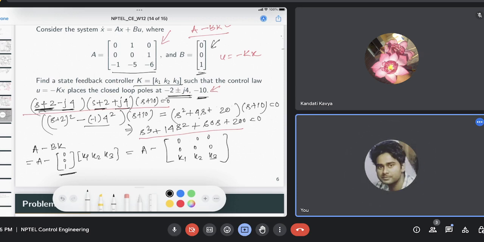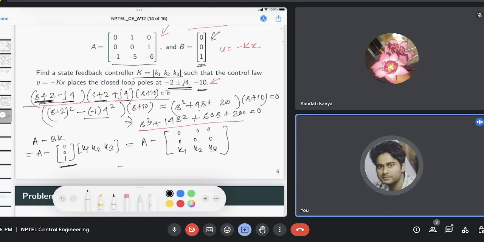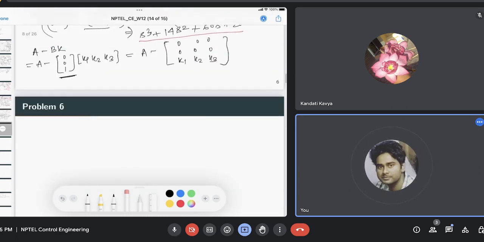So we can simply write now that whatever A matrix is there, the previous rows remain, only the last element will change, right? I'll write clearly. So this is A minus BK. For the A matrix only the last row will change, right?